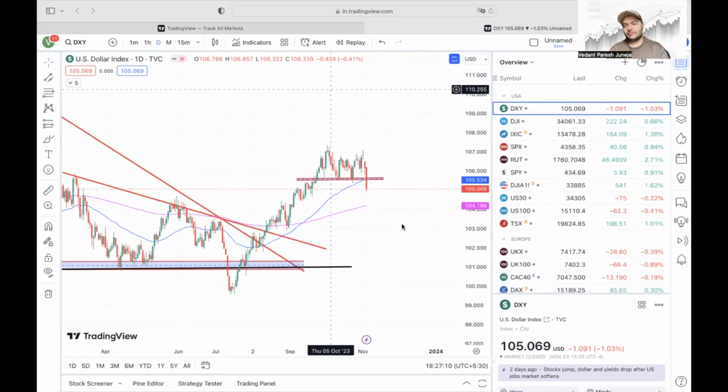There are two reasons behind it. The index tells us where the emerging markets are heading. If you know how to read the dollar index, you know where emerging markets like India are heading. Plus, you know where the risky asset classes like equity are heading.